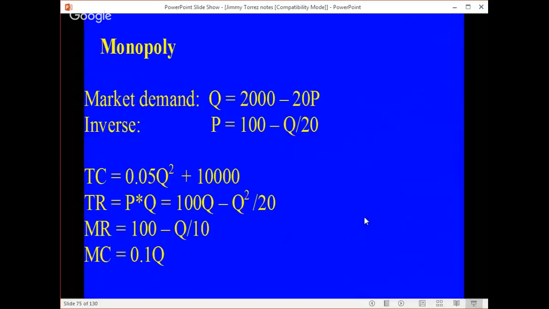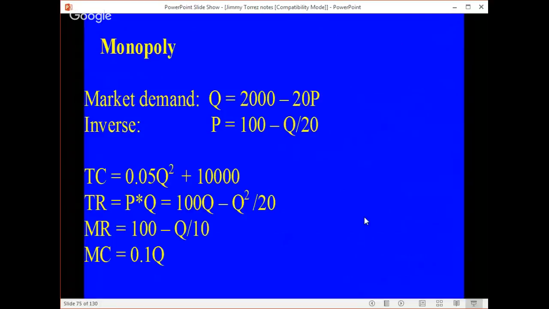All right, so this is real easy, actually. 100 minus Q divided by 10. Negative Q divided by 10.